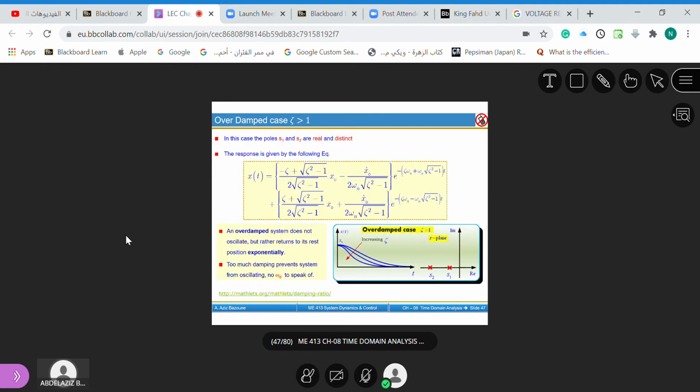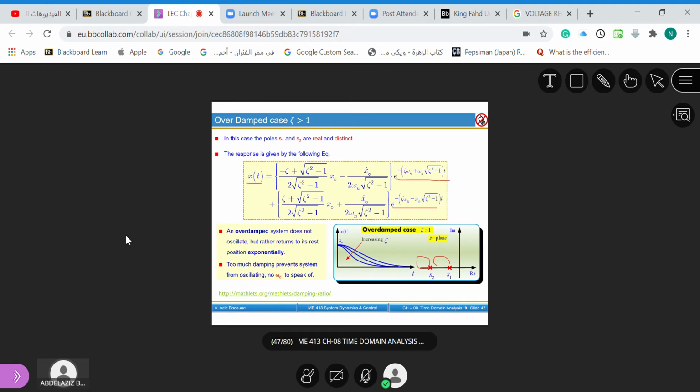The overdamped case is when zeta is greater than 1. We have seen that the poles are real and distinct, s1 and s2. In this case, the solution will be x of t equal to this amount, x0 minus x dot 0 over this amount, exponential minus this, plus this amount exponential minus this.